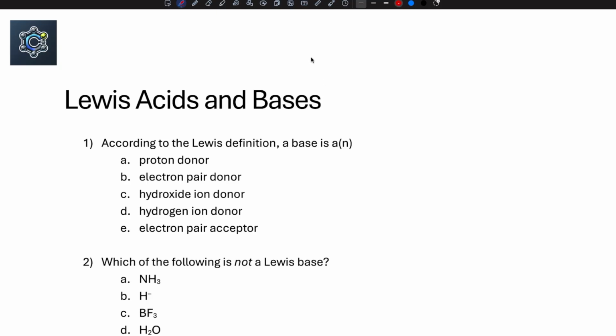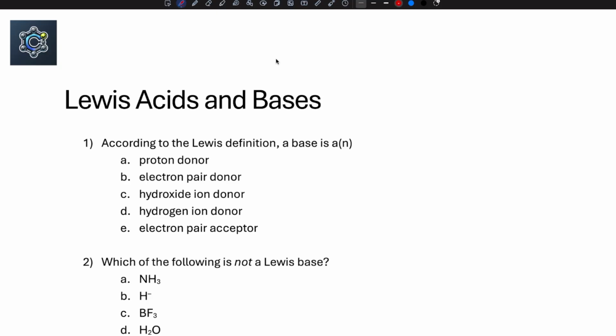Let's begin by summarizing what a Lewis base and a Lewis acid is. In the video I explained it just by words, but I also mentioned that the best way to understand what a Lewis acid and base is, is to remember the name of them, Lewis. You recognize this name from something else, Lewis structures.